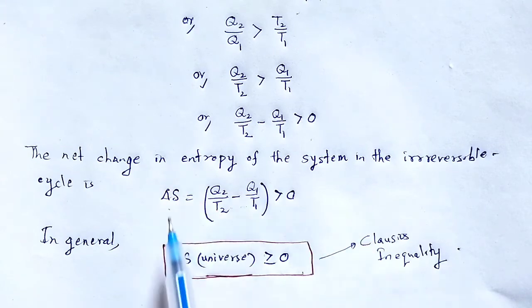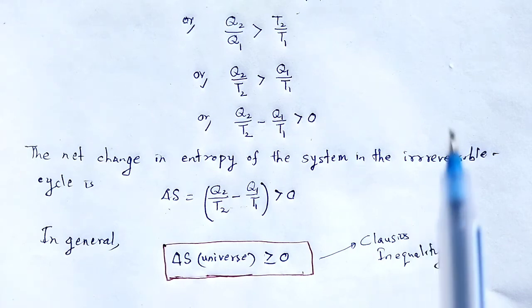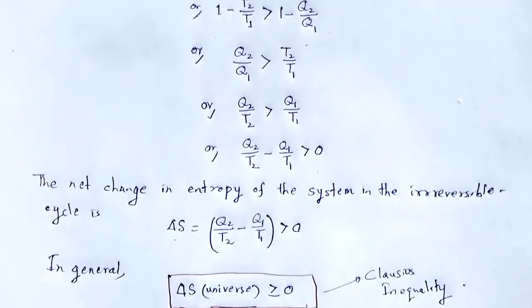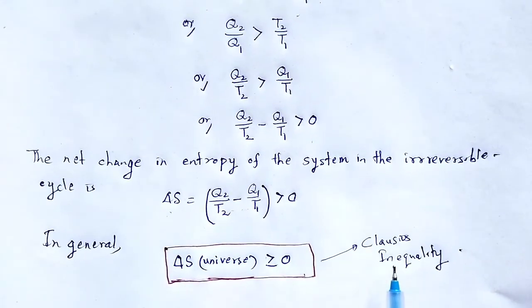The overall change of entropy, that means the system plus surroundings, will be 0 or greater than 0. Here is the change of entropy in an irreversible process and Clausius inequality.